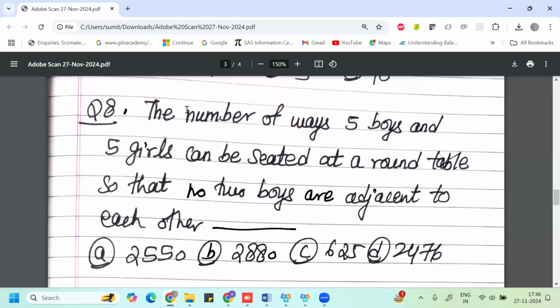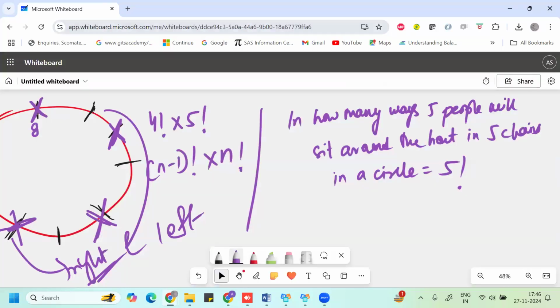So the answer for this would be 5 factorial into 4 factorial. 5 factorial is 120, and 4 factorial is 24.